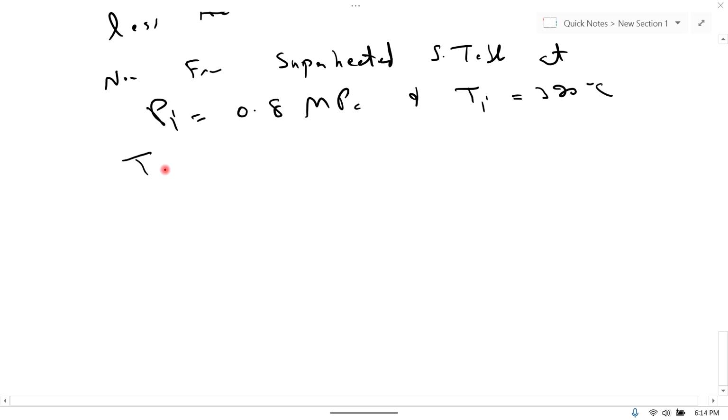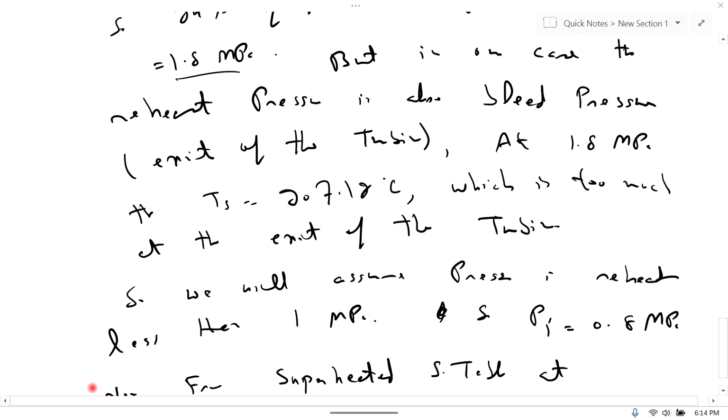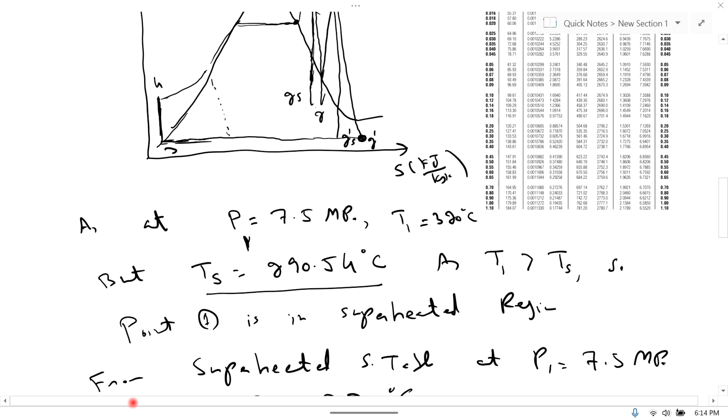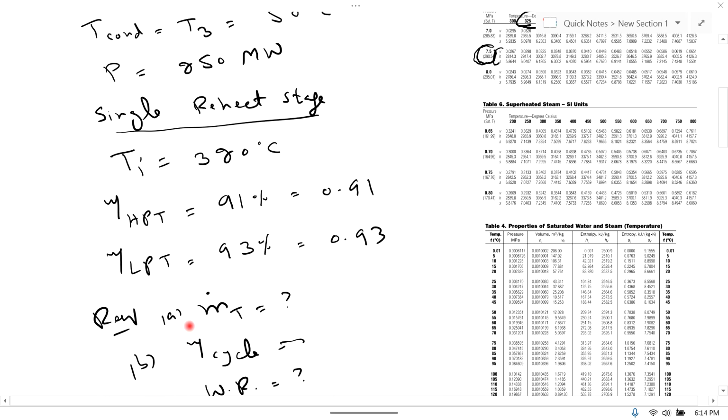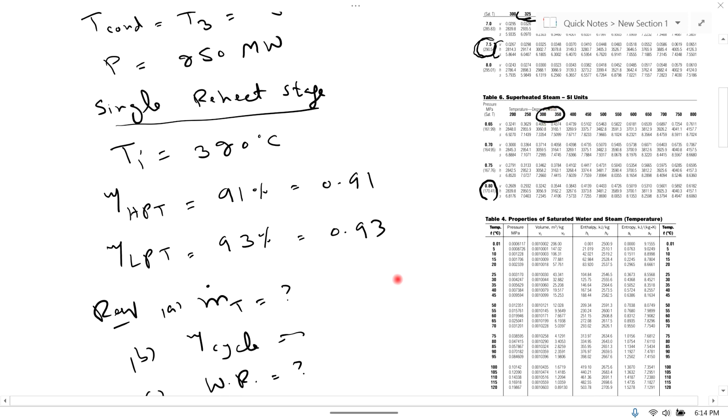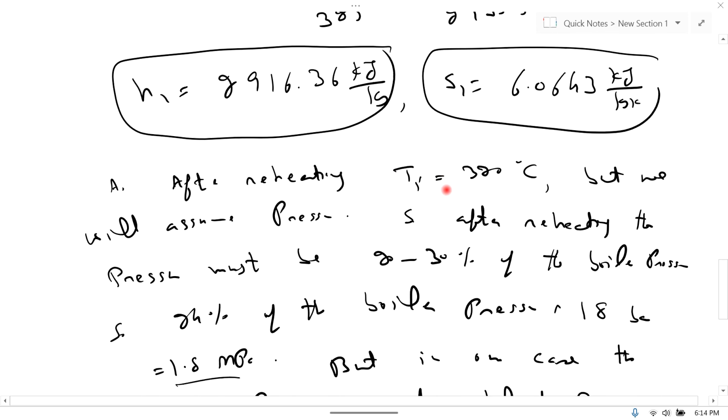In this table, temperatures 300 and 350 are available at 0.80 megapascal, so we will interpolate between 300 and 350 degrees centigrade.